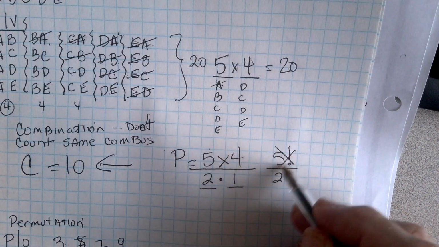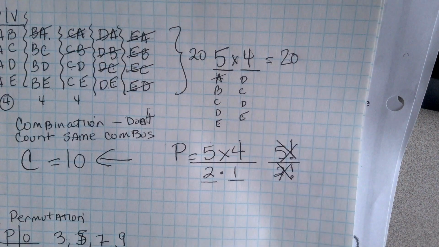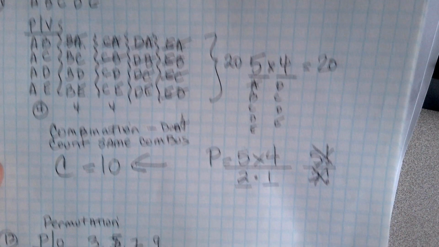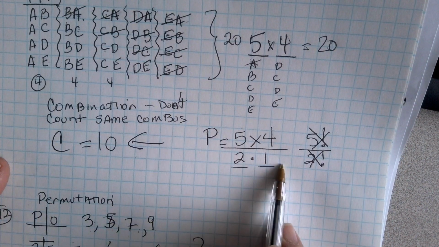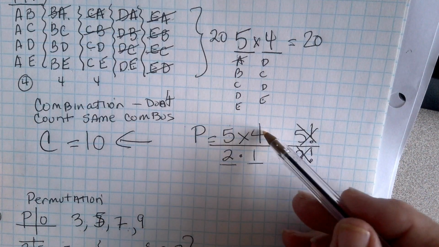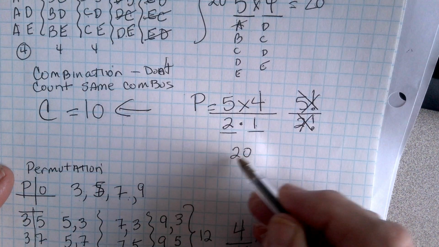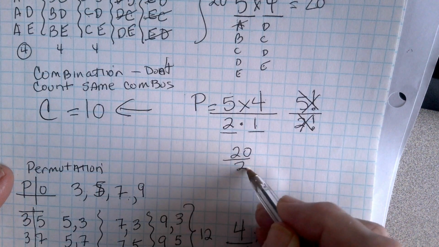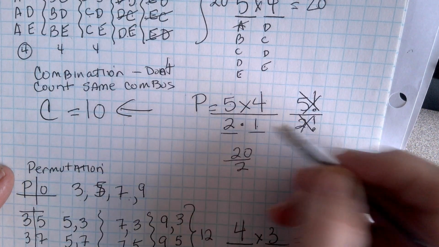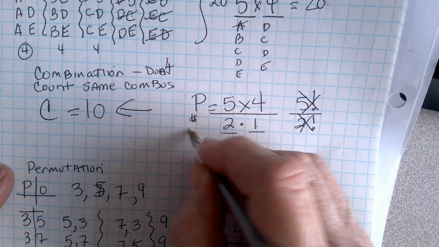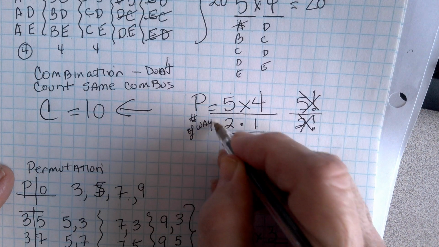Never mind. Ignore me. It is, but it isn't. It's sort of. But anyway, I'm going to decrease the number. So 5 times 4 is 20. 2 times 1 is what? 2. And this is the number of ways that I'm doing something.